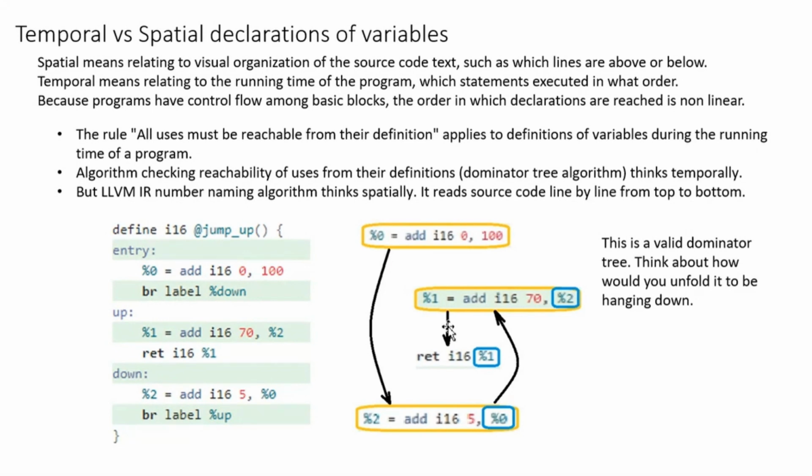So it reads source code line by line from top to bottom. And that is why the name %2 has to be spatially below %1. But for constructing a dominator tree and checking if the use of a variable is valid, we are thinking temporally.